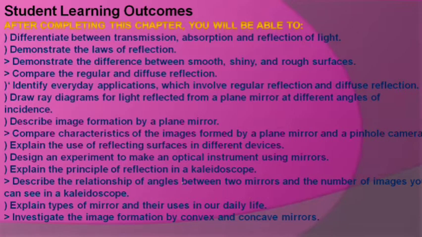You can see with the kaleidoscope how its formation and working is done. Then we will see some mirrors and their usage in daily life. And then we will see image formation in convex and concave mirrors, because not only plane mirrors, there are also other curved mirrors, curving from outside or inside. So we will talk about them in detail in this chapter, inshallah.